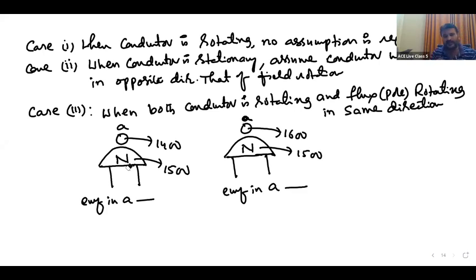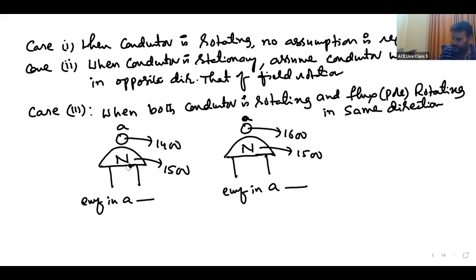When both are rotating in the same direction, when conductor is slower, you have to assume the opposite direction.